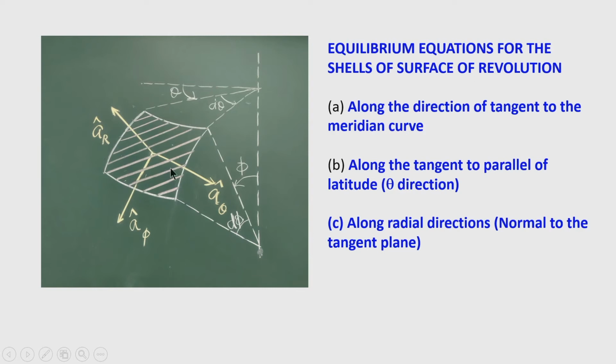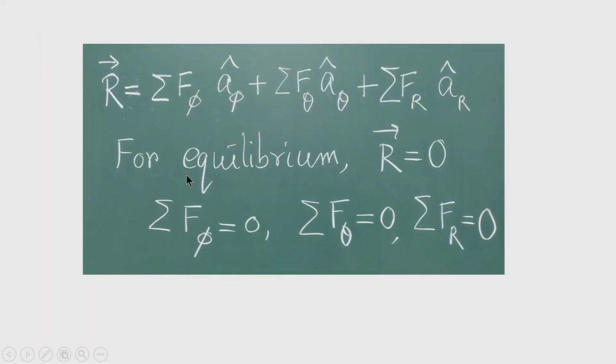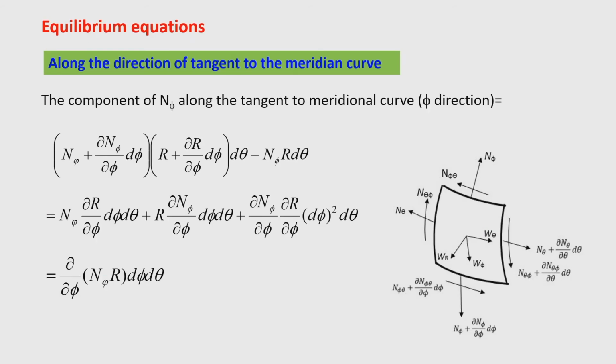So the radius varies with the angle phi, and we take this variation into account. Therefore, the total meridional force on this arc will be N phi plus del N phi by del phi into d phi.